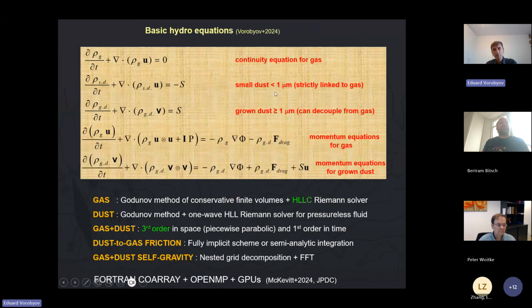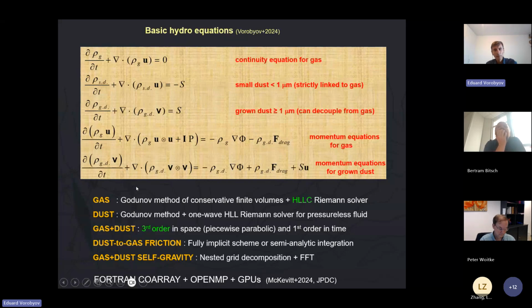This transition is artificial and can be set to any value. Small dust is linked strictly to gas, and grown dust has an additional dynamical equation. We have self-gravity, drag between the two, and also conversion of small dust into grown dust as the maximum dust size increases.